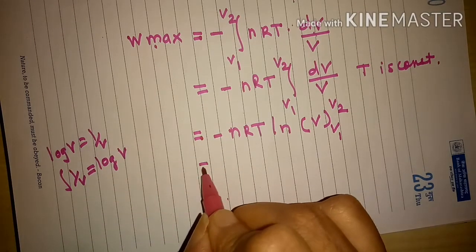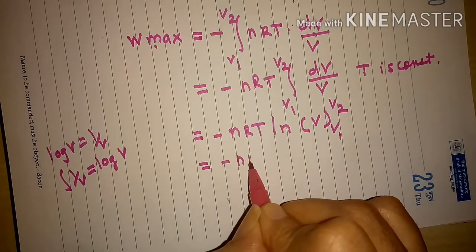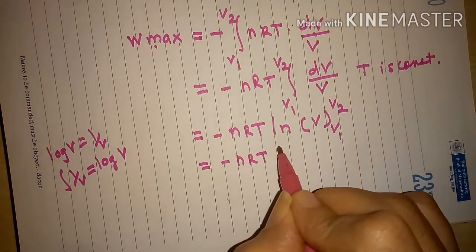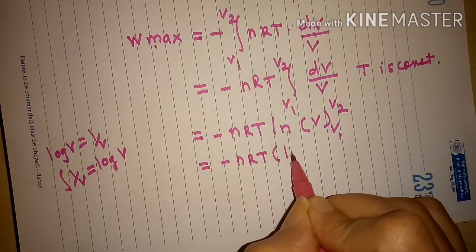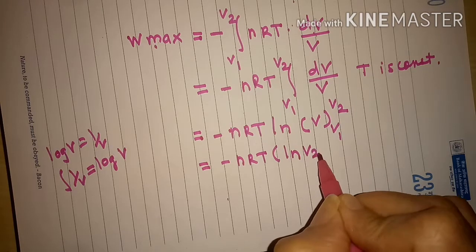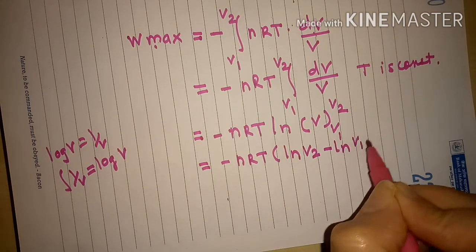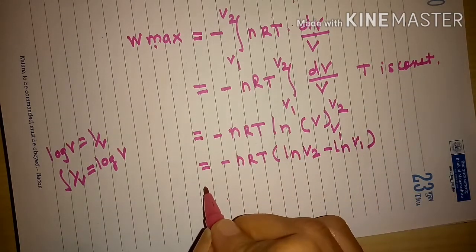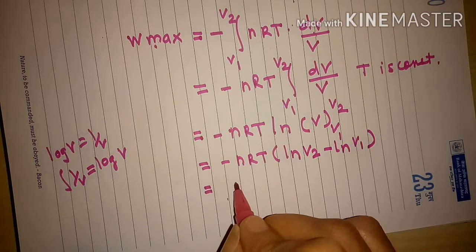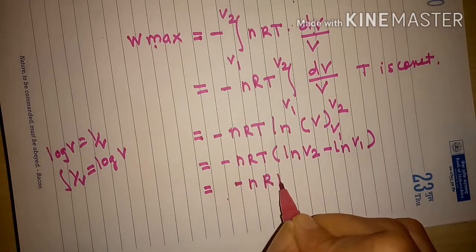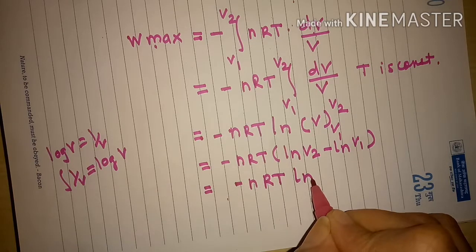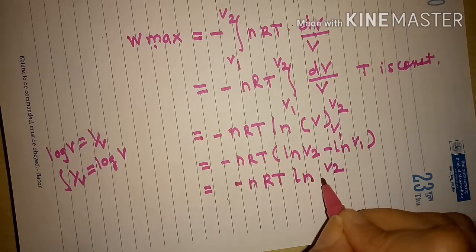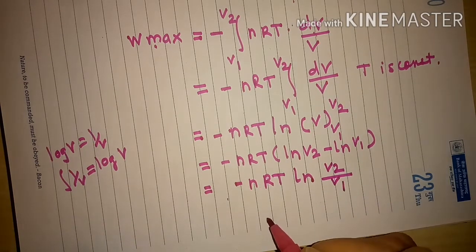So in the next step, minus nRT times ln V2 minus ln V1, which is minus nRT ln V2 upon V1.